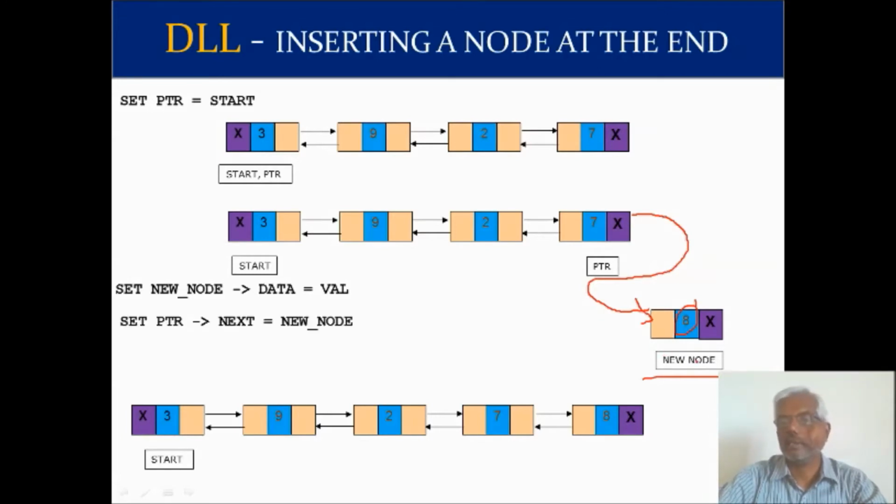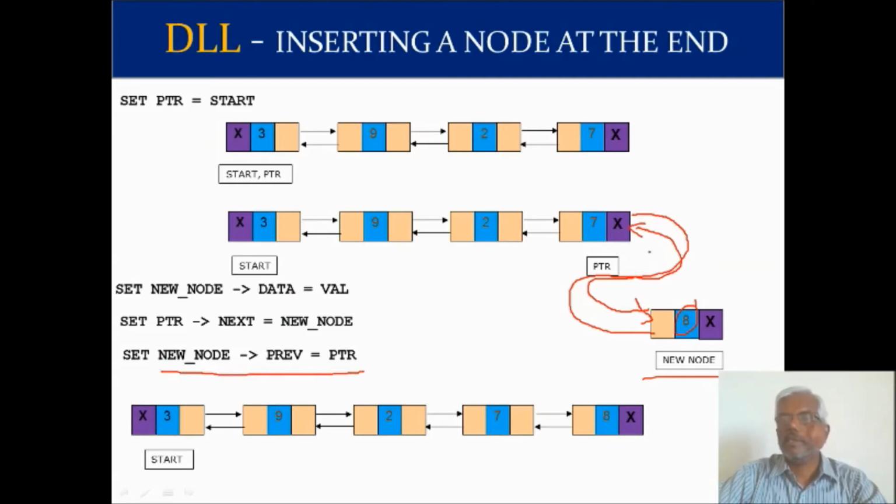This connection is established. What next do we have to do? This new node's previous pointer should point to this ptr. So what statement can we write? New node of previous is equal to ptr.